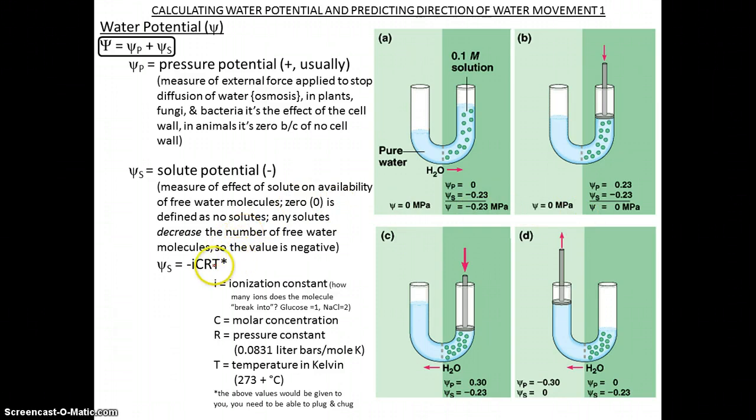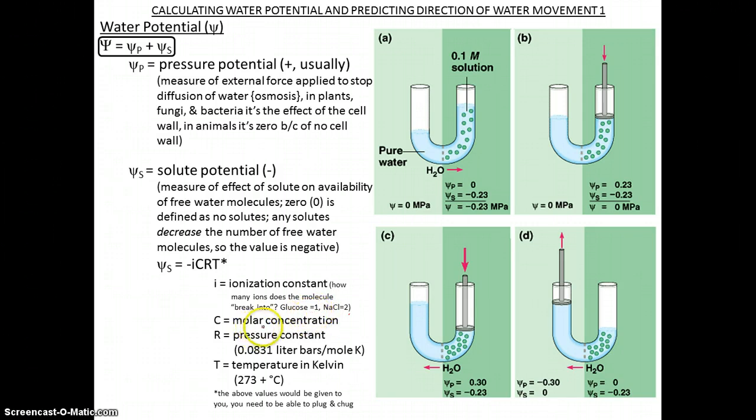Now, if you want to figure out the solute potential, this is the formula you would use, where i equals the ionization constant. So for example, if you have a sodium chloride solution, sodium chloride, when it's in water, breaks up into 2 ions, so its i would be 2. And then if you have sugar, that does not break up in water, so its i would equal 1.